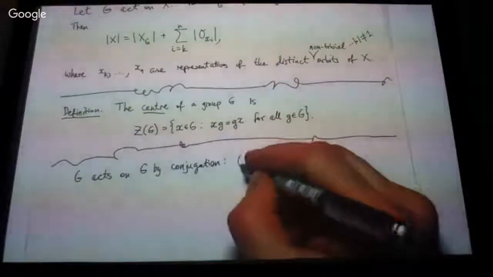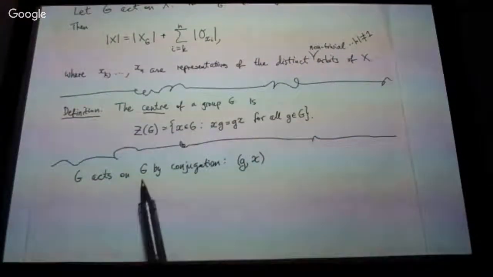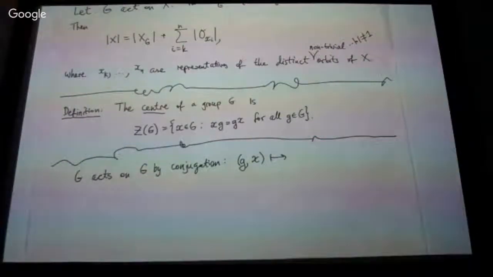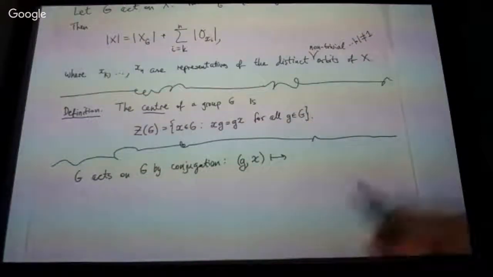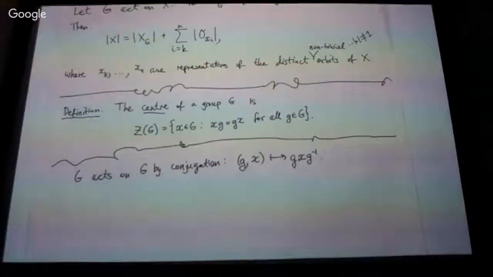When you take g from G and x also from G, you want gxg inverse.